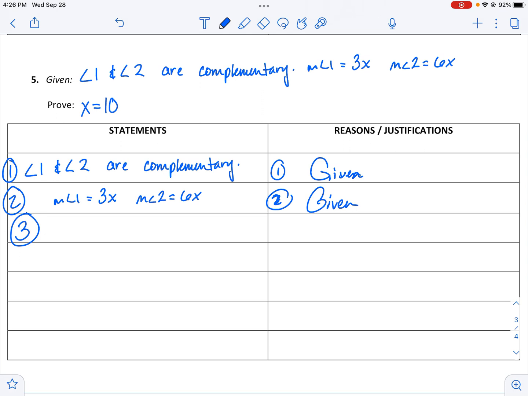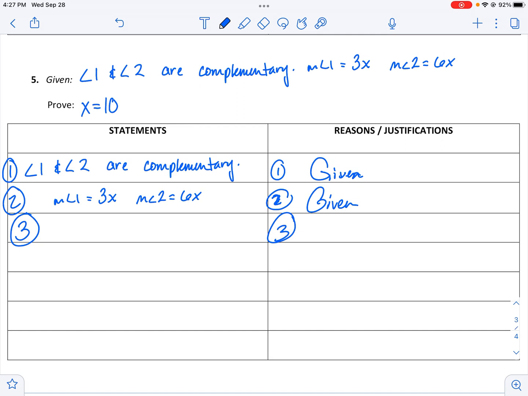Now step 3 is where often we struggle. I need to look back at my given statements, my diagram if I had a diagram, and I need to ask myself what vocabulary words or what postulates or relationships or theorems do I see in my diagram or in my given statements.